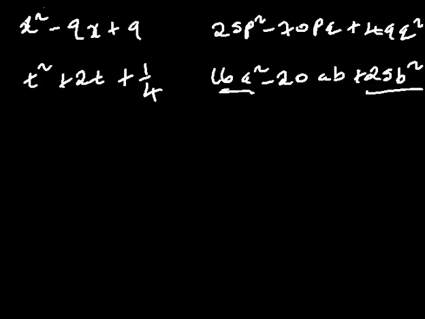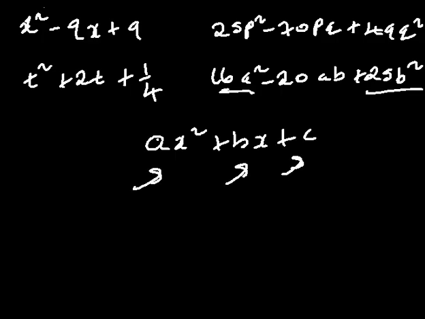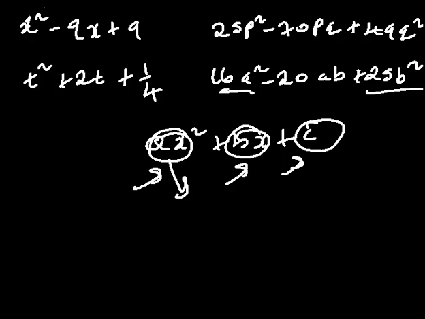By the way, I forgot to emphasize much: a quadratic expression has the general form ax squared plus bx plus c. These three terms are said to be, the first one the quadratic part, the middle one the linear part, and the final one the constant part.